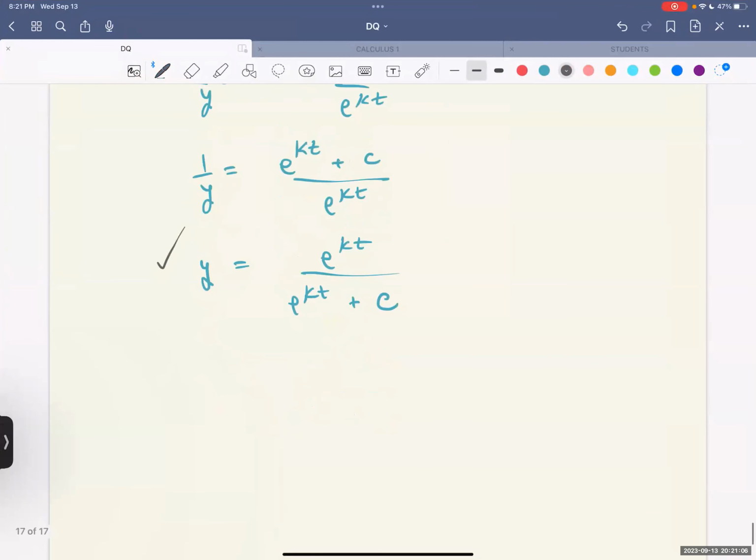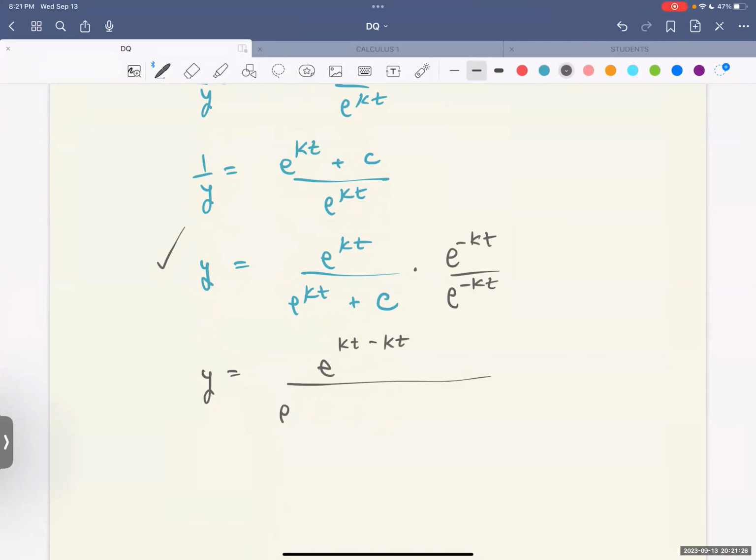But also want to say it's common to see the solution presented in another way, and that if we were to multiply by e to the negative kt over e to the negative kt, then the numerator would be e to the kt minus kt.